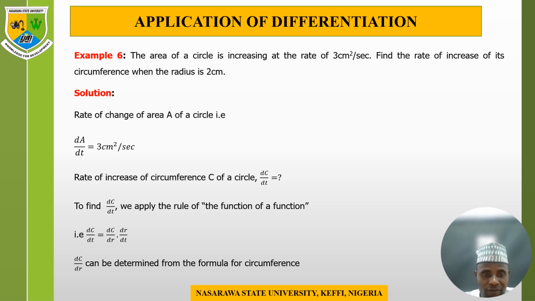So this now will give us, by this formula, dC/dt equals dC/dr multiplied by dr/dt. The dC/dr can be determined from the circumference.